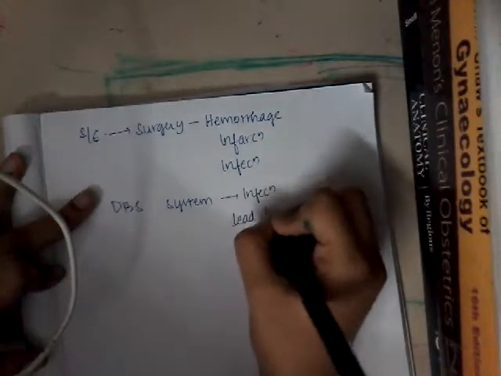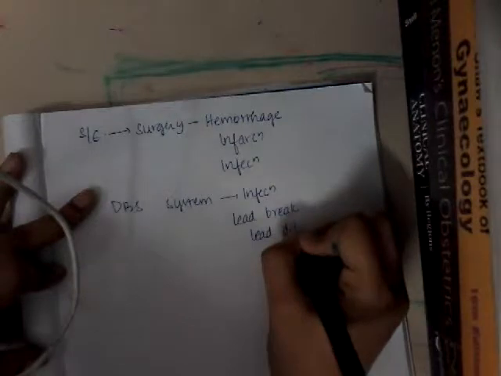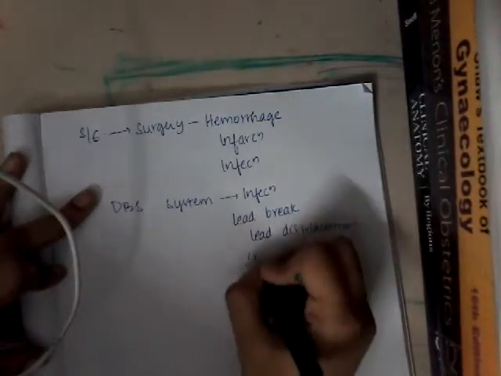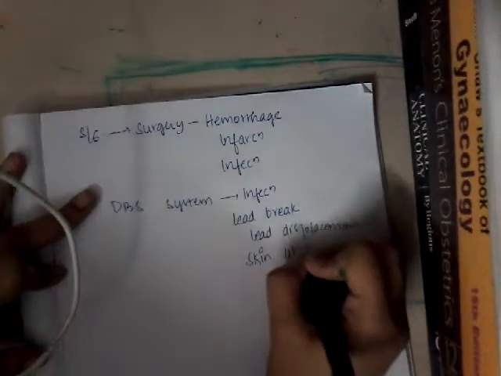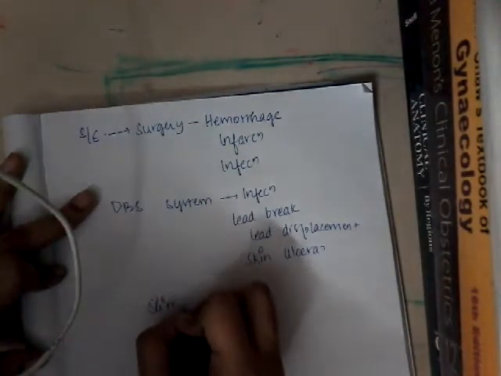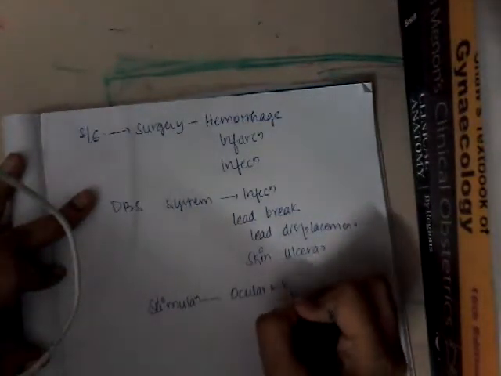Sometimes the leads which we keep may break. Sometimes there may be lead displacement, and there may be skin ulceration. And there are side effects of stimulation, which include ocular and speech abnormalities.